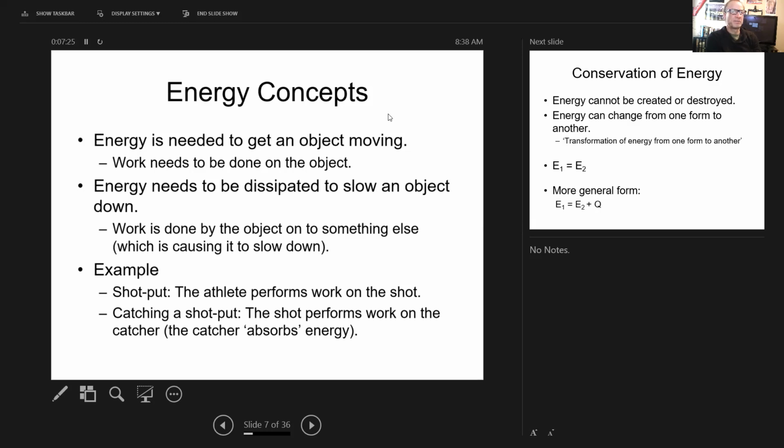Energy needs to be dissipated to slow an object down. Right? This is something that we will talk about, especially with running shoes. Work is done by the object on something else, causing that something else to slow down. The shoe is doing work on the person to slow the person's downward movement.